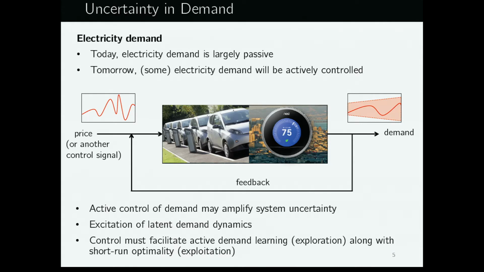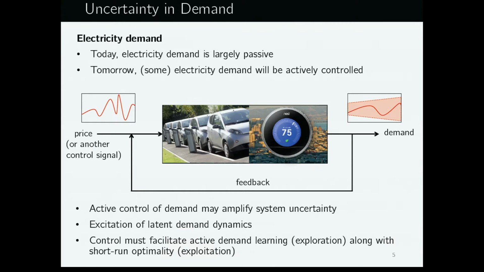But the point is, by injecting some form of excitation in the demand side, you might excite nonlinear dynamics which were previously unseen, and therefore increase the uncertainty in the resulting demand profile over time, thereby making control of the system more challenging.